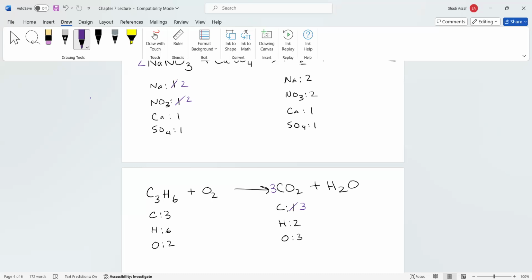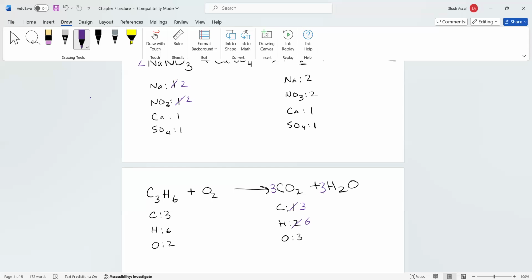So this is where the problem arises here. If we would like to balance the hydrogen, let's also put a 3 here. That makes the hydrogen a 6, because 3 times 2 is a 6. Here's where the problem is.